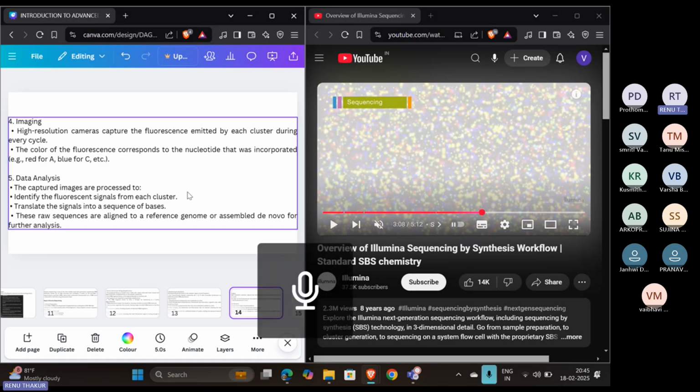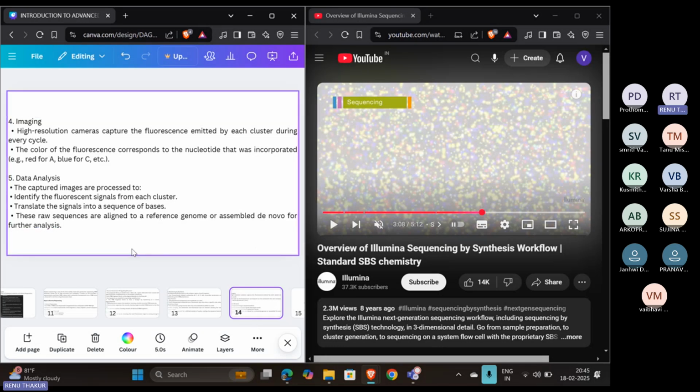The next step is the data analysis. These captured images are processed to identify the fluorescent signals from each cluster. So we'll analyze from each cluster what was the color of the fluorescent signals that we got. It's going to translate the signals into a sequence of bases. These raw sequences are aligned to a reference genome.